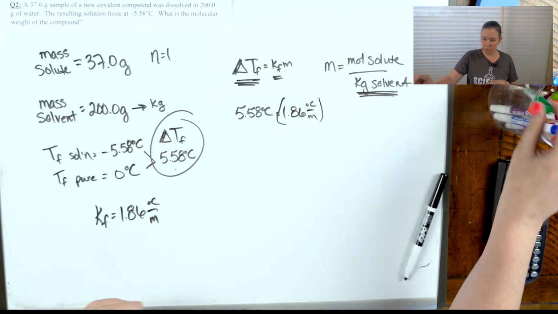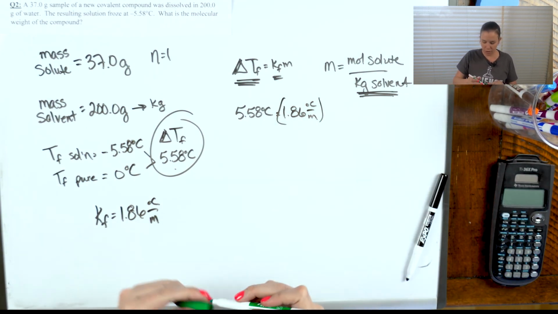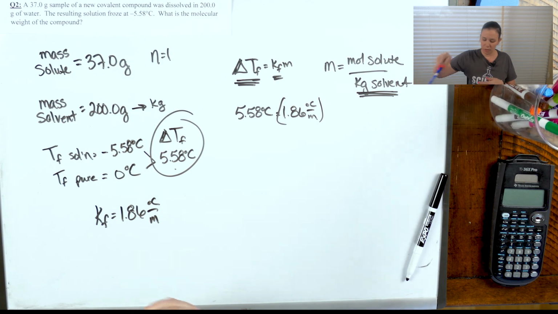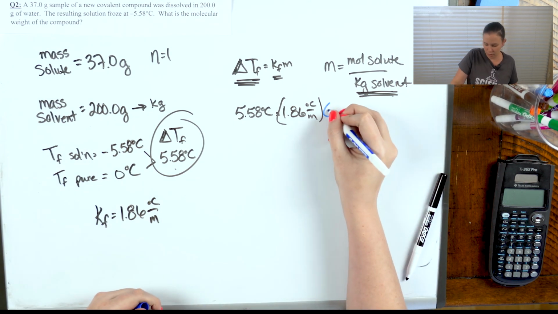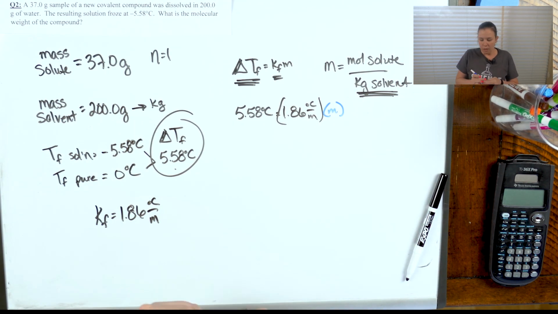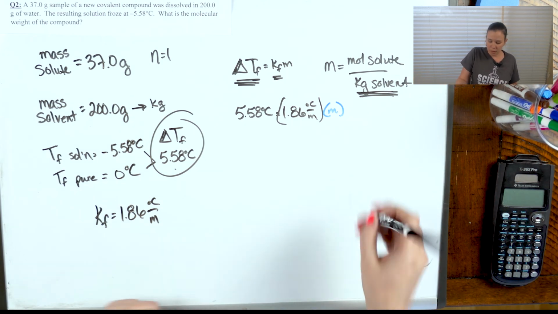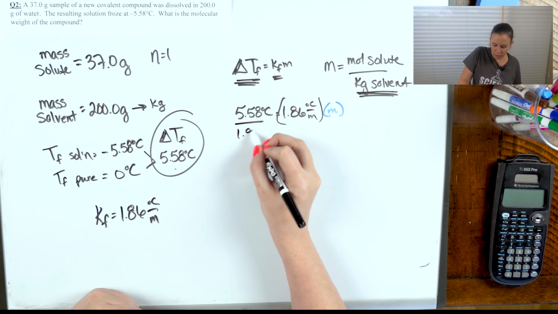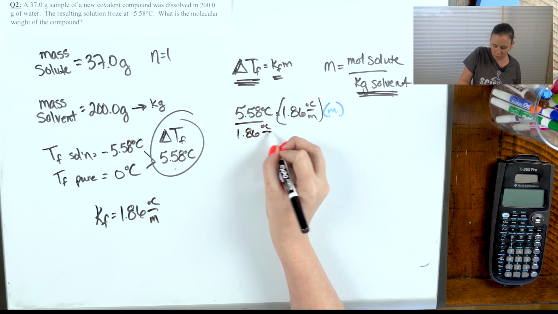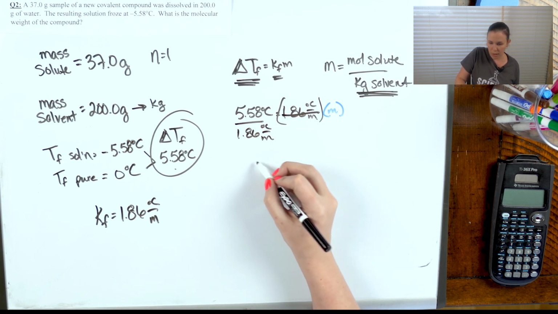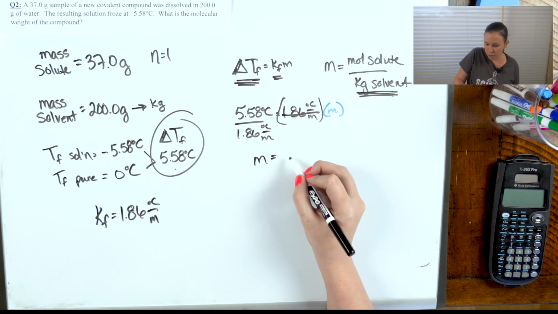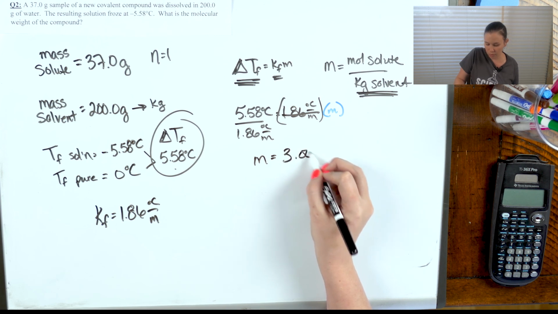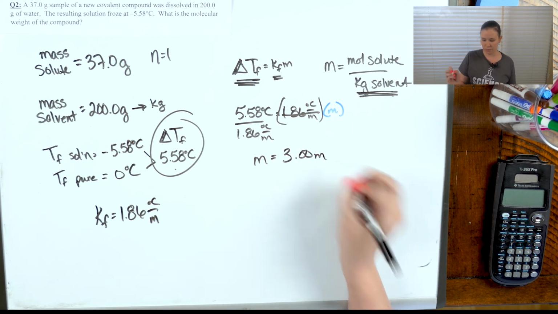And then I'm solving for the molality. Again, I'm going to put that in a different color so that I can make sure not to cancel a variable with a unit. So now to isolate this variable, I'm dividing by the KF, 1.86 degrees Celsius per molality. And so I get a molality of 3.00 with 3 significant figures.